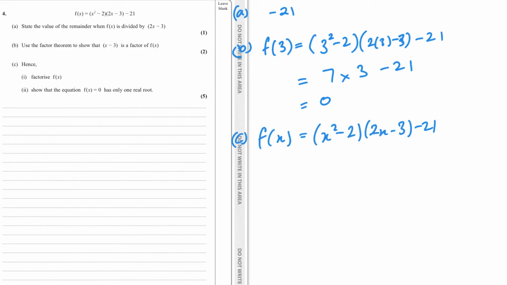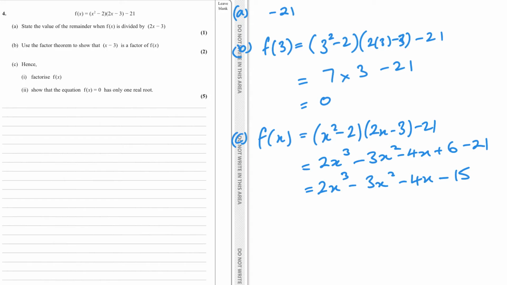So before I do this, I want to expand my brackets. So I want to sort out my f of x. Now I'll do that quickly. And I'm left with 2x cubed minus 3x squared minus 4x minus 15.